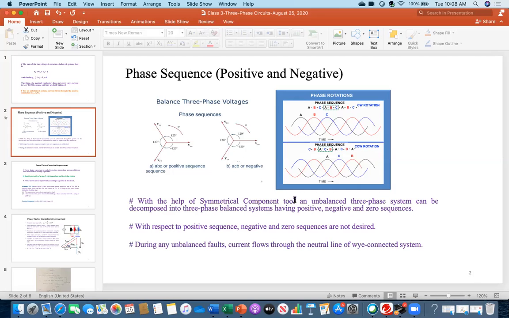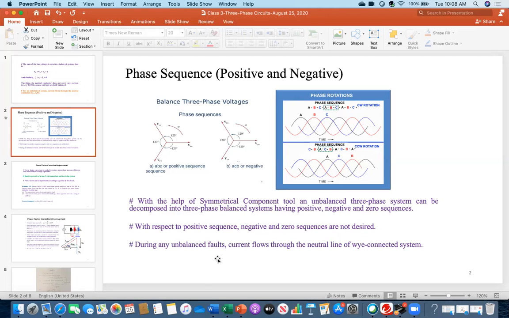If you Google, then you will find this one. What is the function of that? It analyzes an unbalanced system. It decomposes, it divides an unbalanced three-phase system into three-phase balanced systems having positive, negative, and zero sequence. And then what I have written, with respect to positive sequence, negative and zero sequences are not desired.